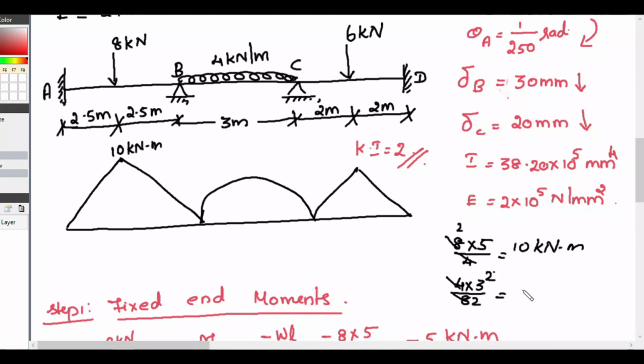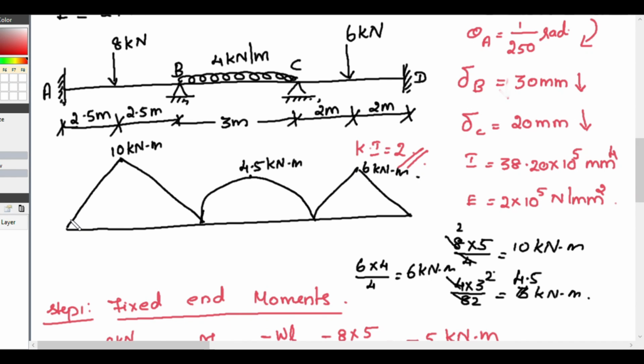We get 9 by 2, that is 4.5 kilonewton meter. Now for CD, it is WL by 4. So 6 into L, which is 4, divided by 4, we get 6 kilonewton meter.